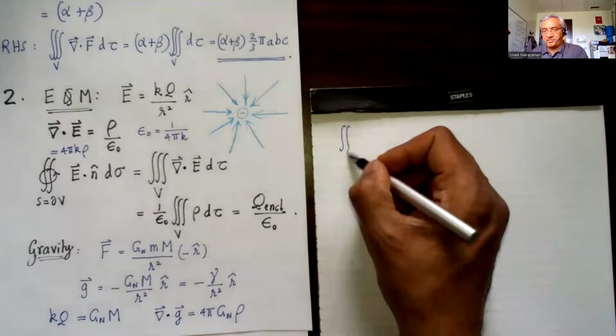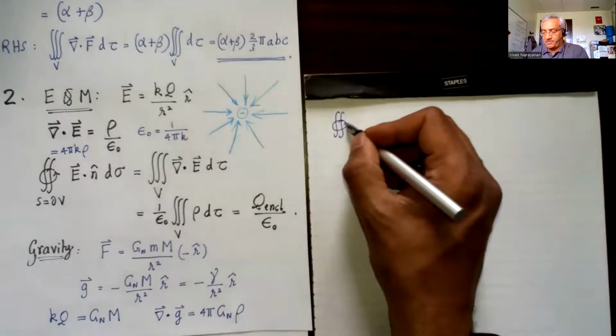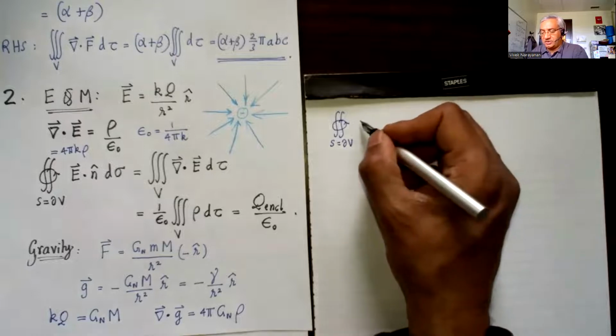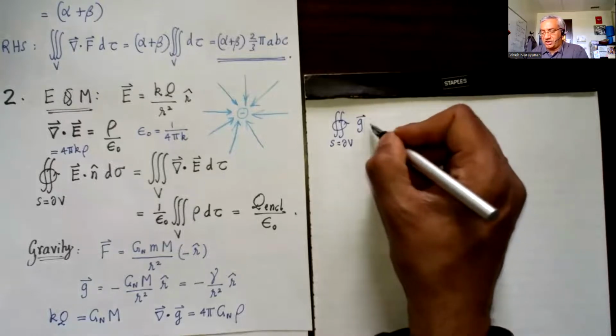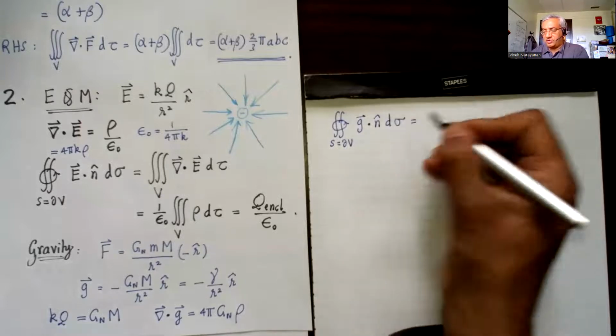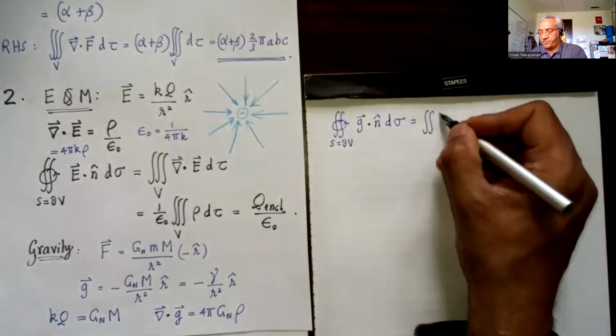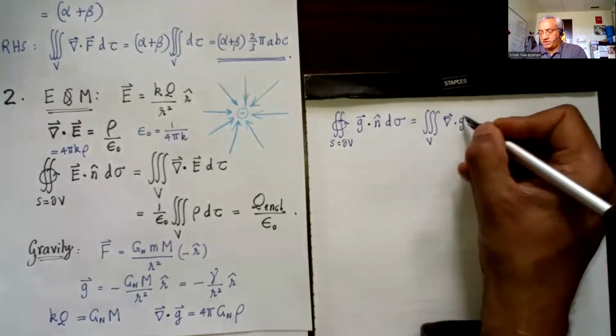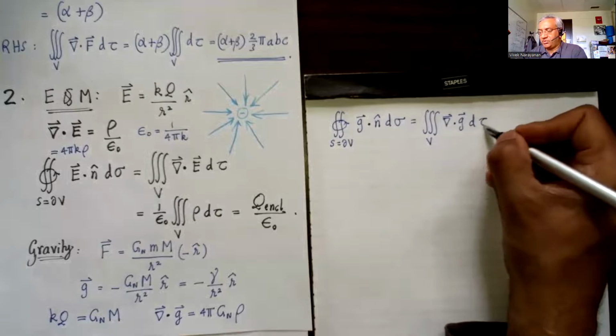The double integral over the surface, which is the boundary of the volume, of G dot N d sigma is going to be the triple integral over V of the divergence of G, d tau.